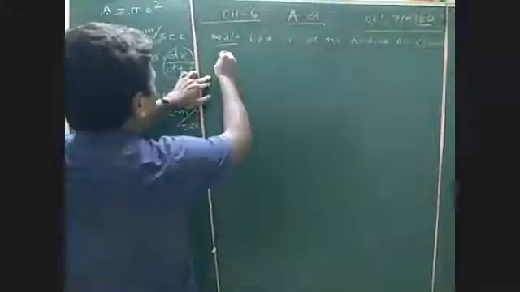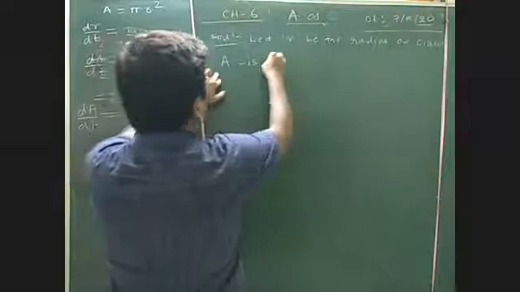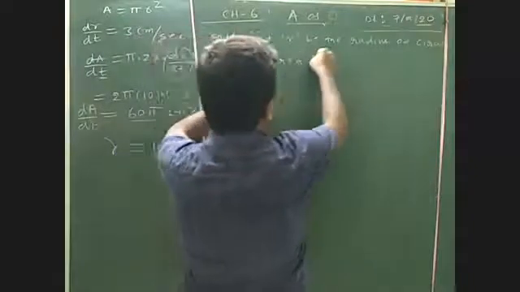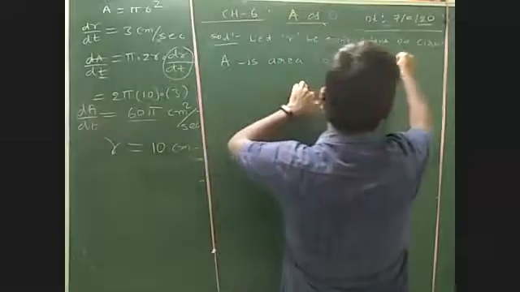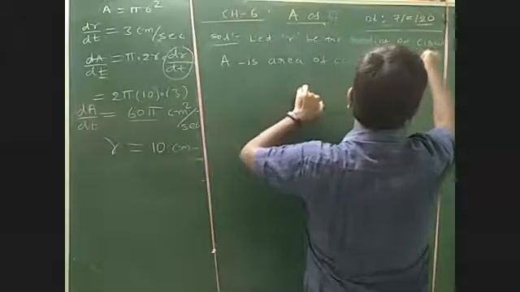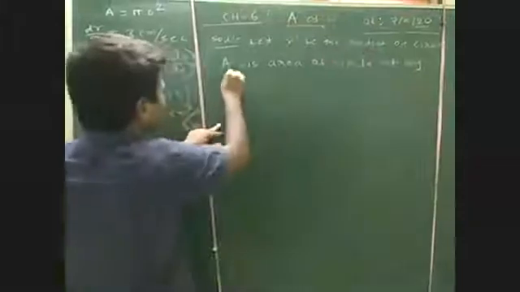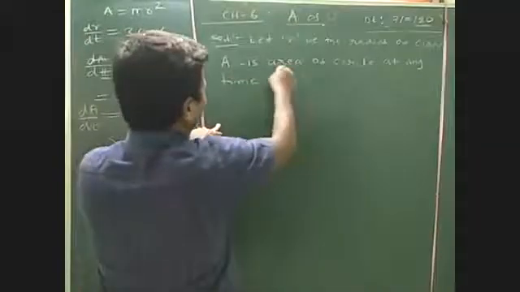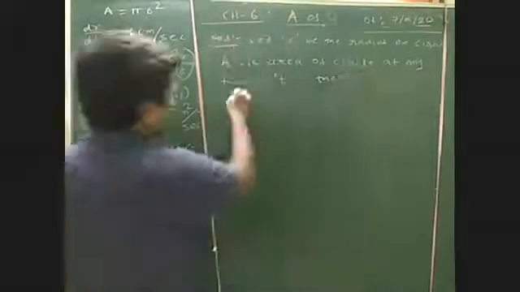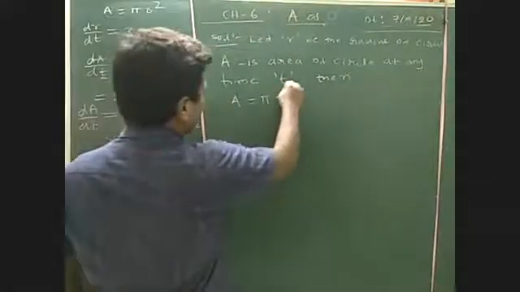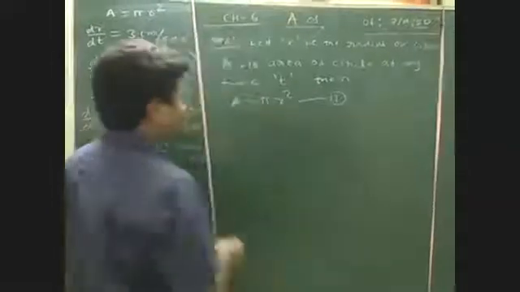Let capital A be the area of the circle at any time t. Then A is equal to pi r square. Let us take it as 1.